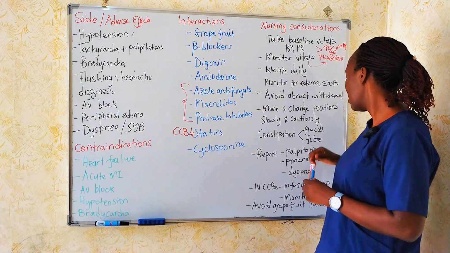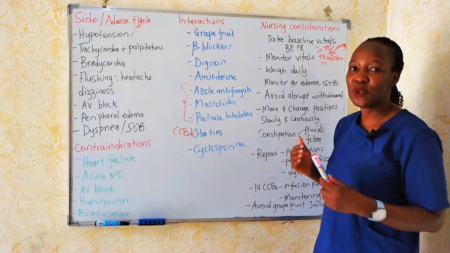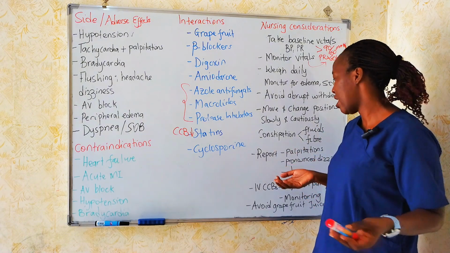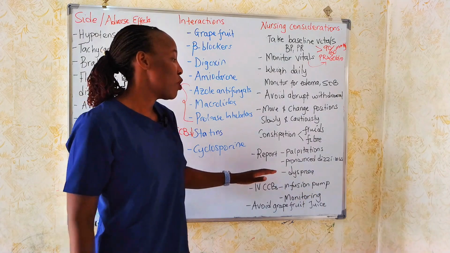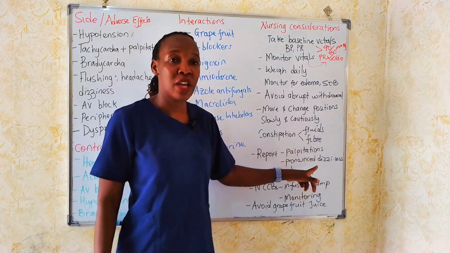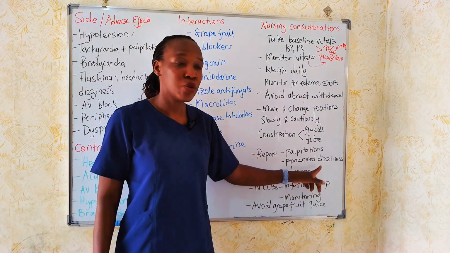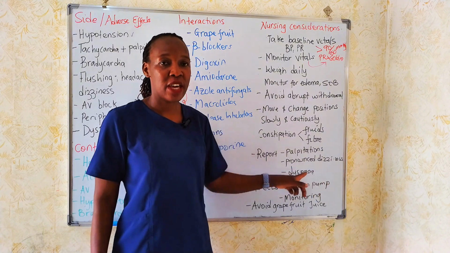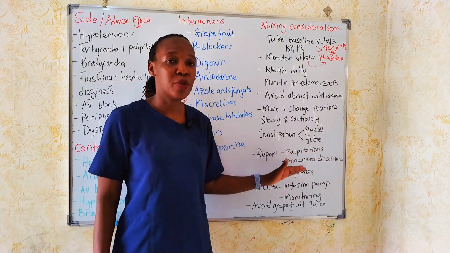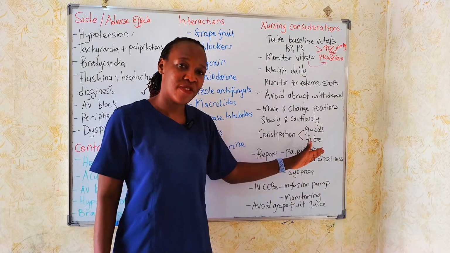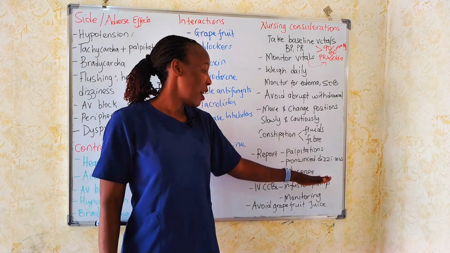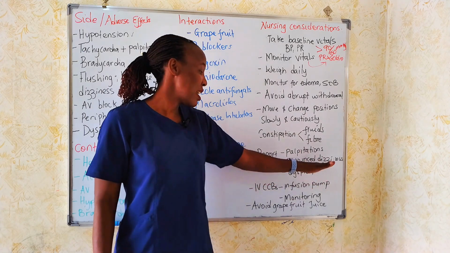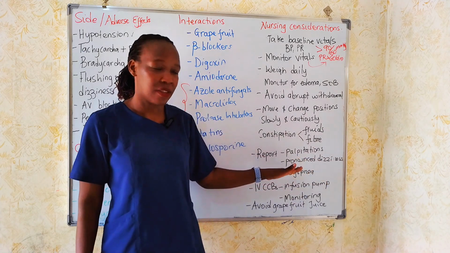Of course, with fluids, we usually say at least 2,000 ml per day or 2 liters in 24 hours. Okay. Report any palpitations, pronounced dizziness and dyspnea or shortness of breath to the healthcare provider, and also teach the patient to notify you or the healthcare provider in case they are experiencing this.